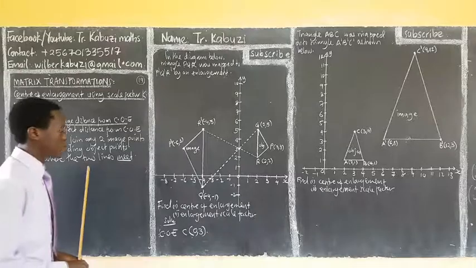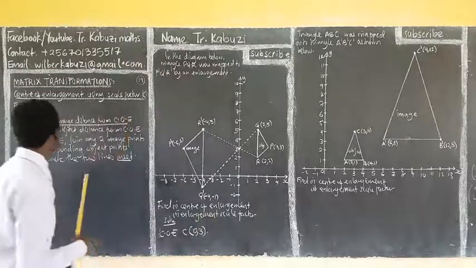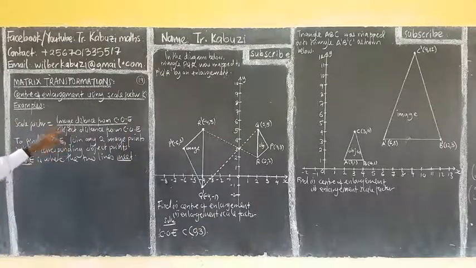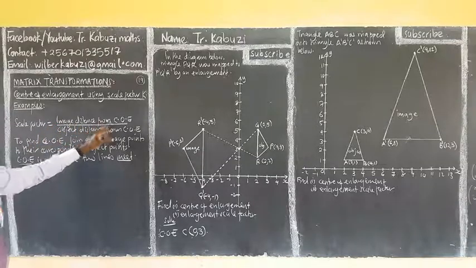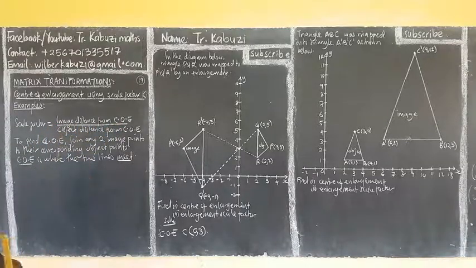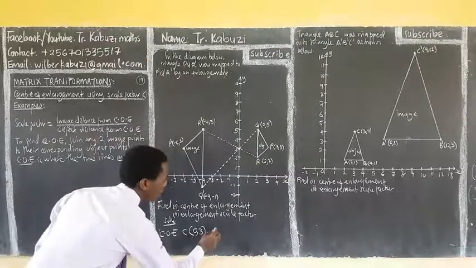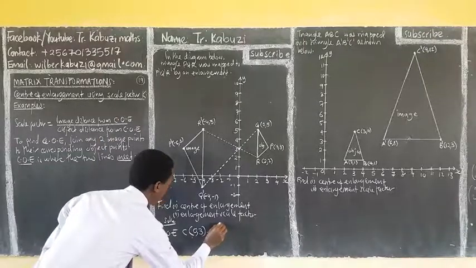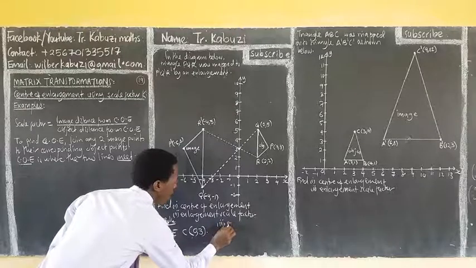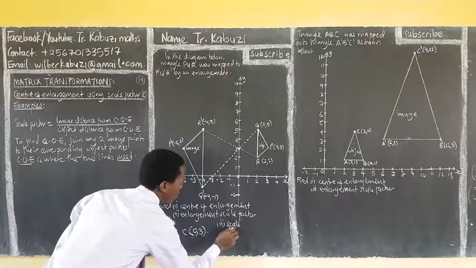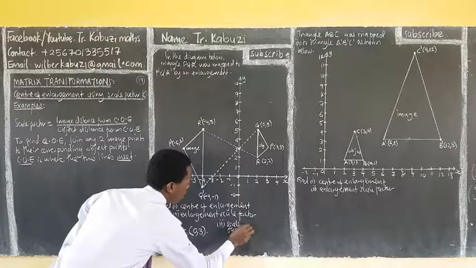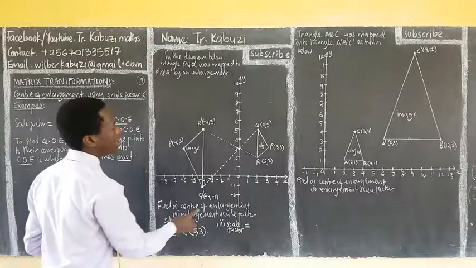Then when I come to the enlargement scale factor, we said the scale factor is given by the image distance from the center over the object distance from the center. So now my scale factor, my Roman 2, is going to be, let me get the image from the center.